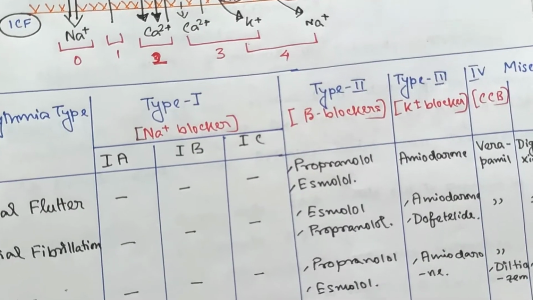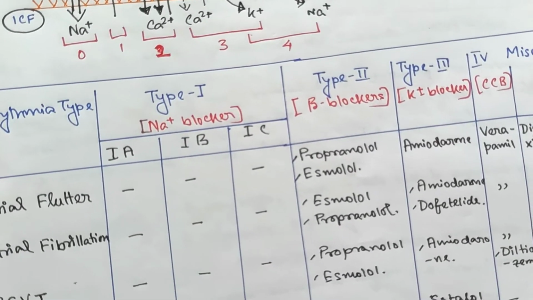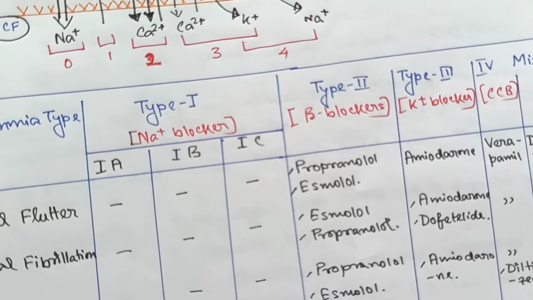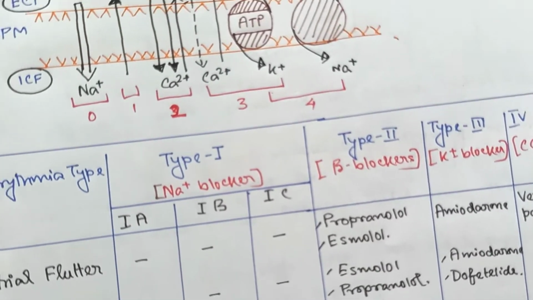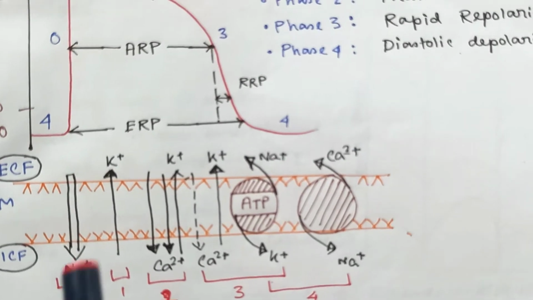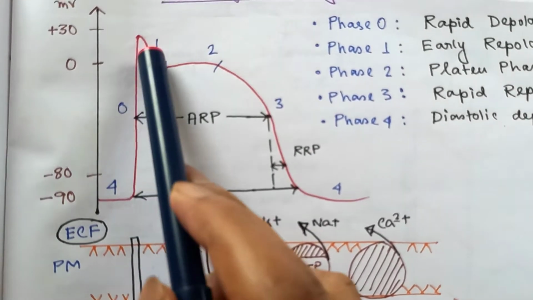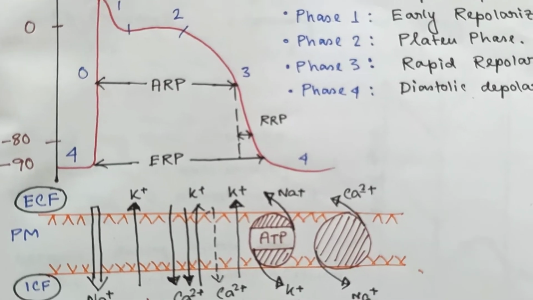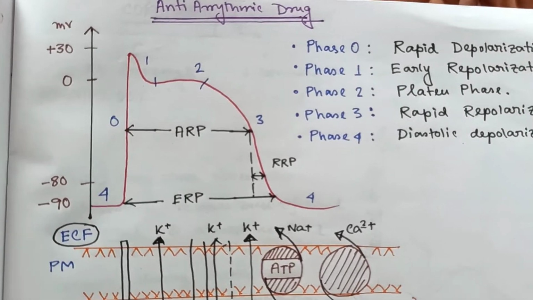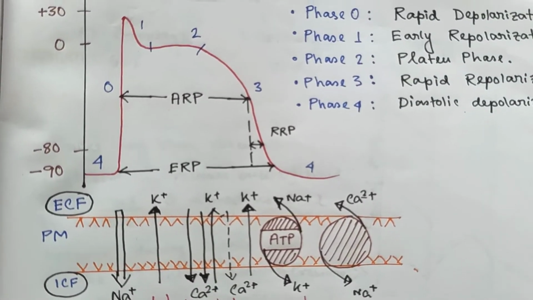Class 1A drugs mainly act by slowing the rate of rise of phase 0 by blocking the sodium channels, because type 1 drugs are always sodium blockers, so there are various sodium channels.